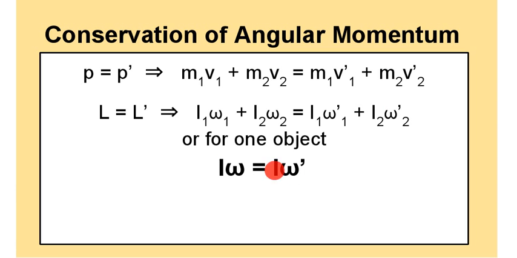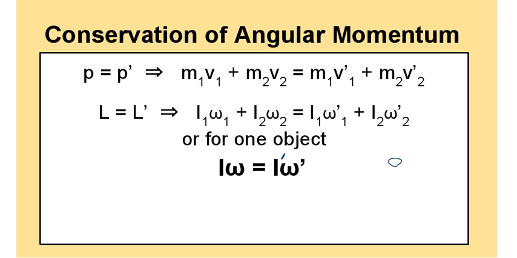More common, it's one object that's rotating. So just scratch this out and that out, and you'd be left with I omega. This should read I prime omega prime. Little omission there. But if you'll forgive me for that, then the skater is a pretty good example of this.